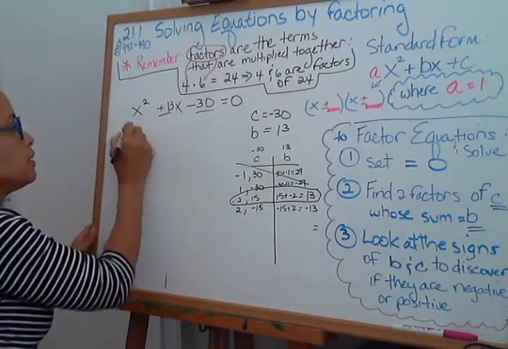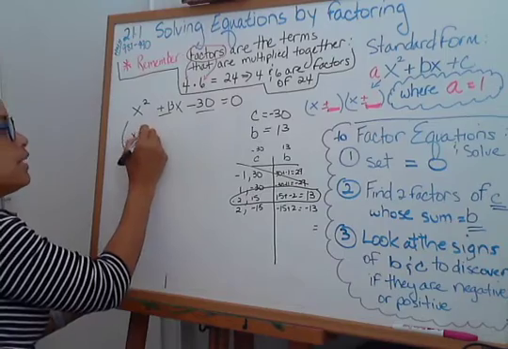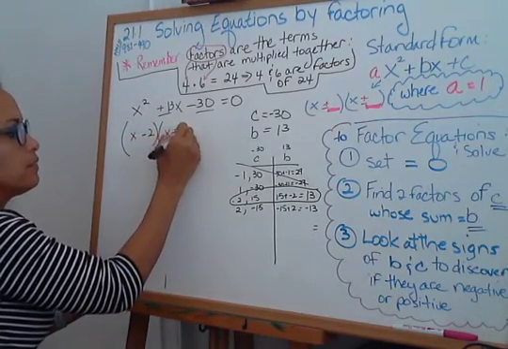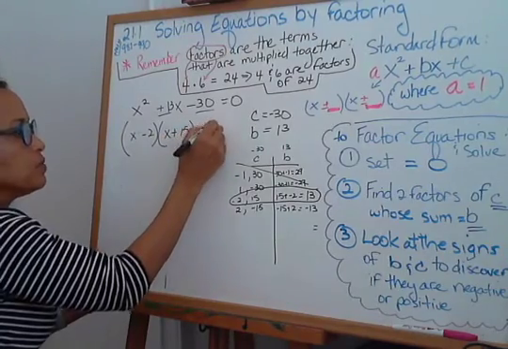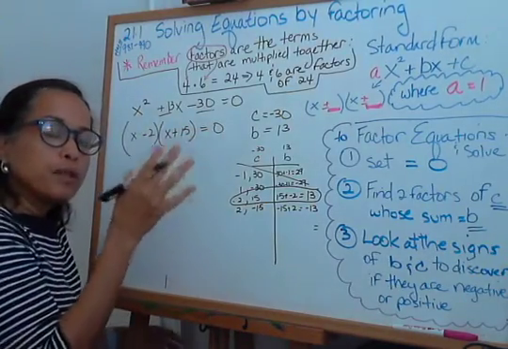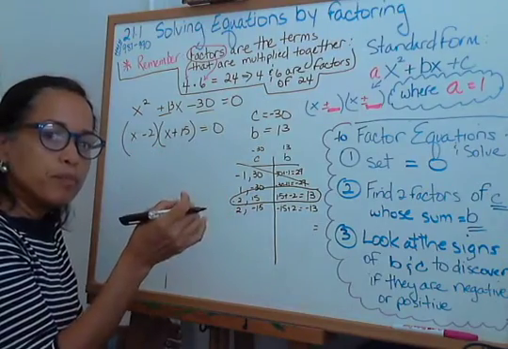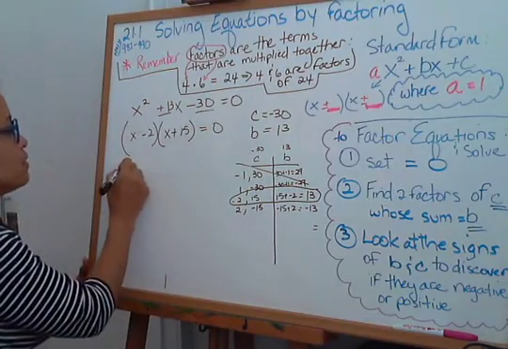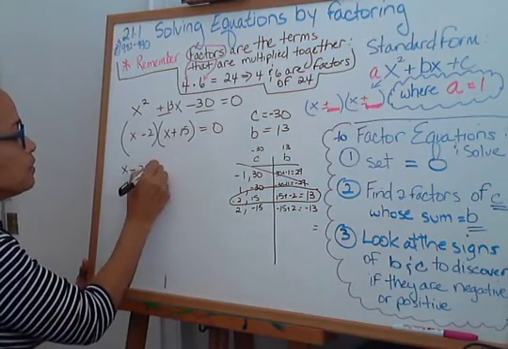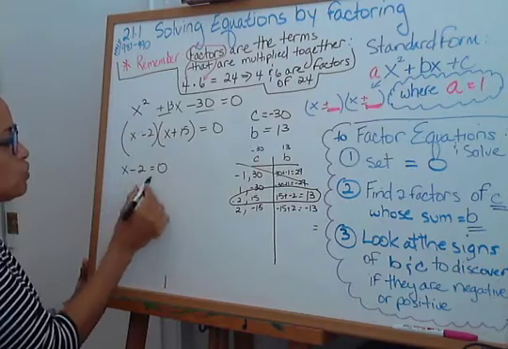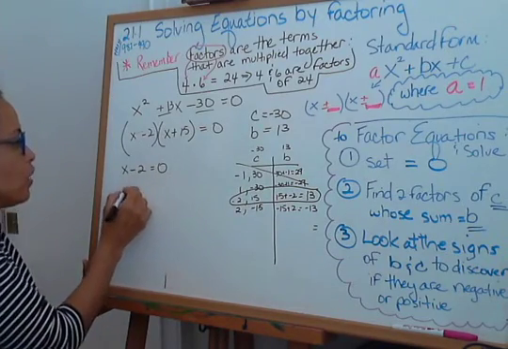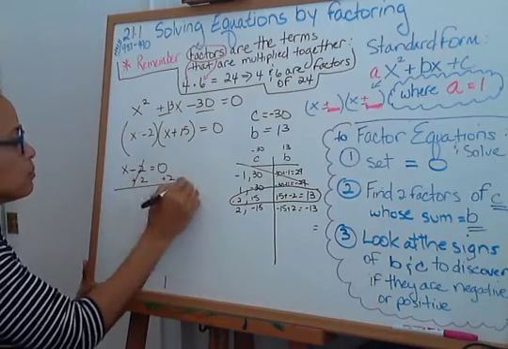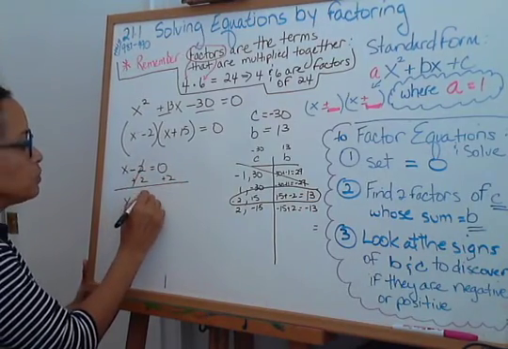So the quantities are going to be x minus 2 and x plus 15 equals 0. I'm going to use the zero product property now to solve for x. So I'm going to set the first one equal to 0, x minus 2 equals 0, and I'm going to solve for x. I'm going to add 2 to both sides, the inverse operations, x equals 2.